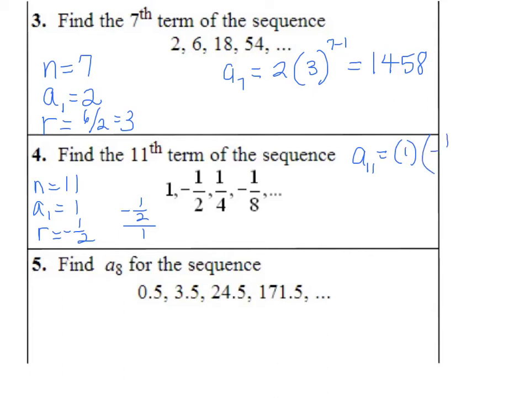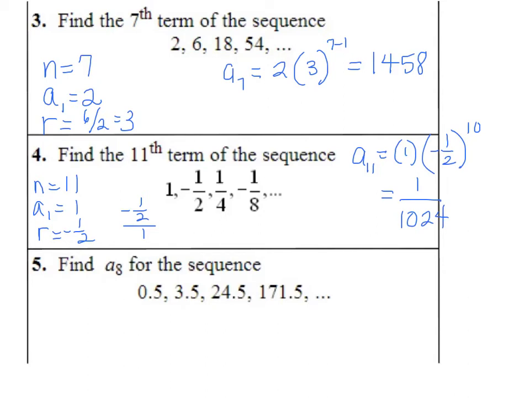R is negative 1/2 to the 11 minus 1 power, so that's the 10th. 2 to the 10th is 1,024. But because negative 1/2 to an even power is going to be positive, this is going to be 1 over 1,024.